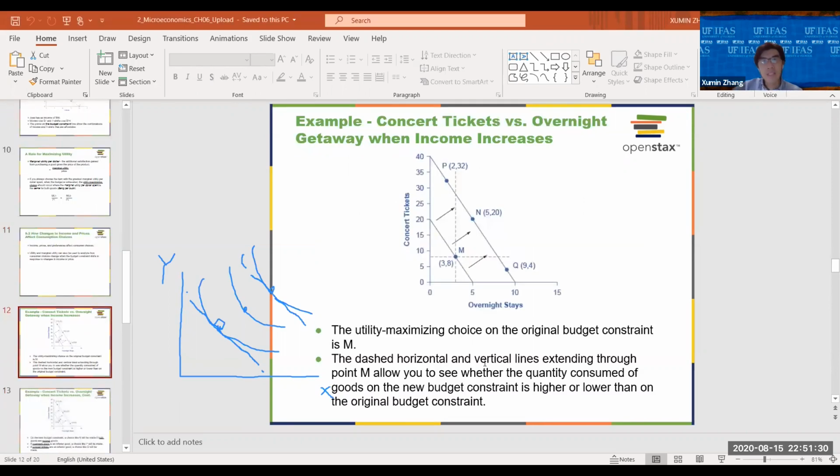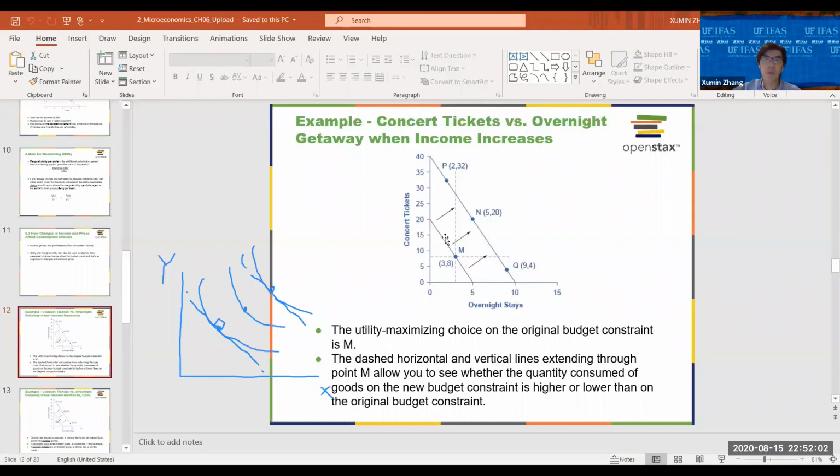The first example is we are consuming concert tickets and overnight stays, whatever. This is not important. I try not to use very specific products or goods. Just imagine that we have two goods and how we can spend our money on those. If we have a low income or budget constraint, our budget constraint line is around here.